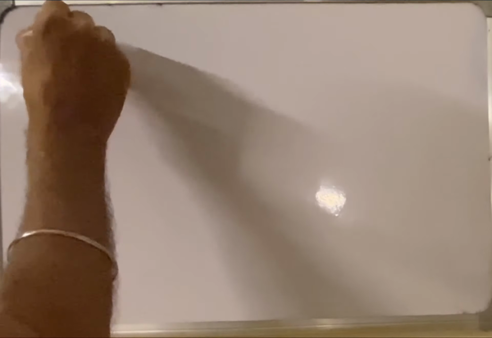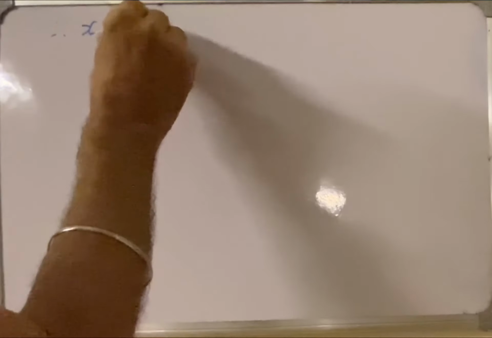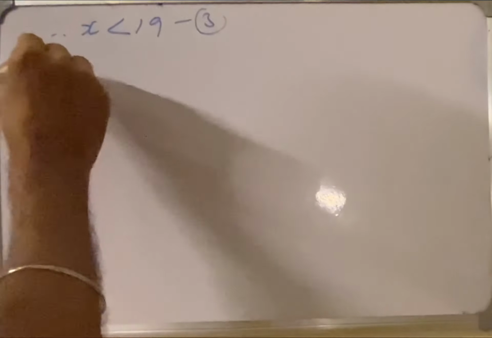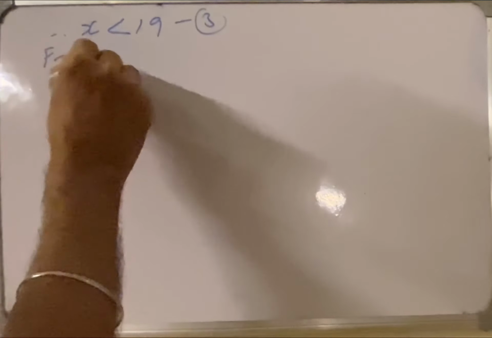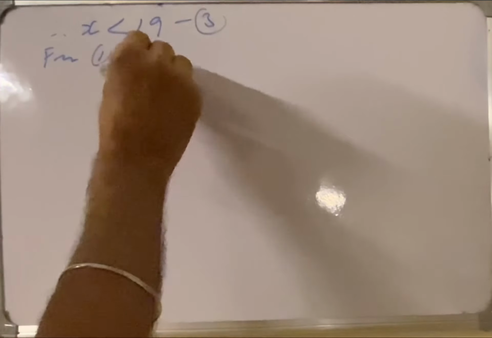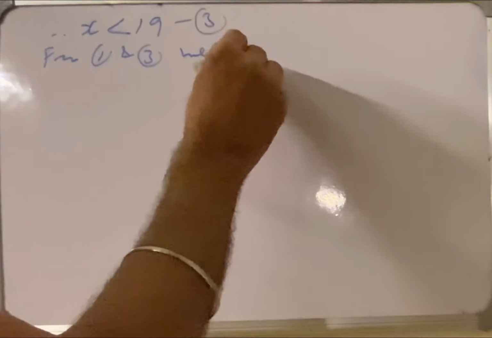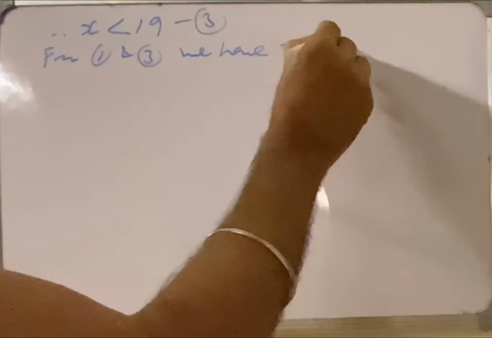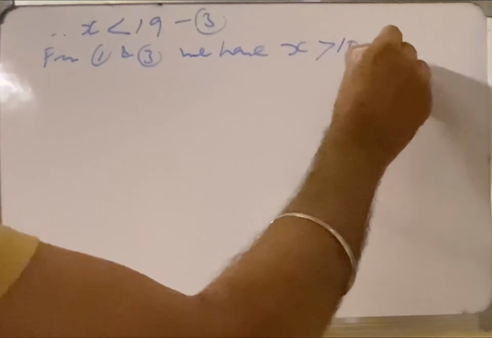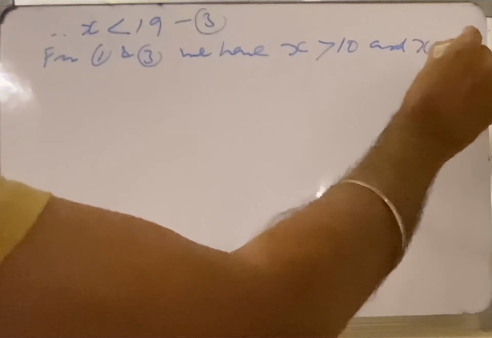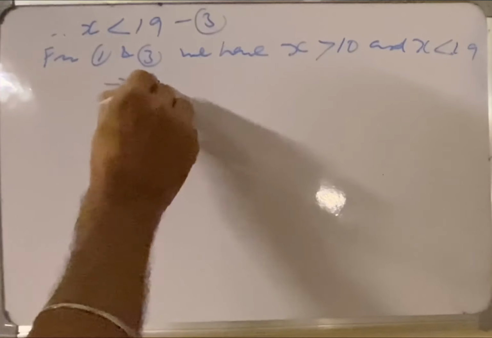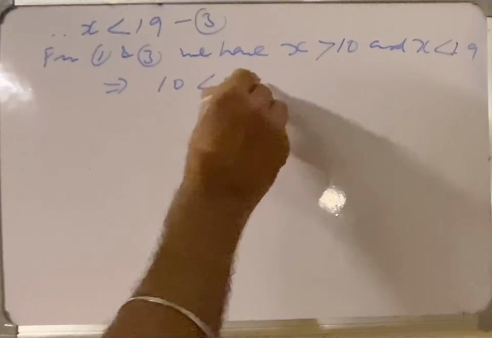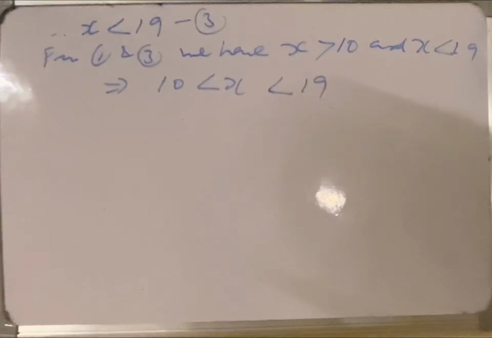This is number 3. From first and third, we have x greater than 10 and x less than 19, which means 10 is less than x is less than 19.